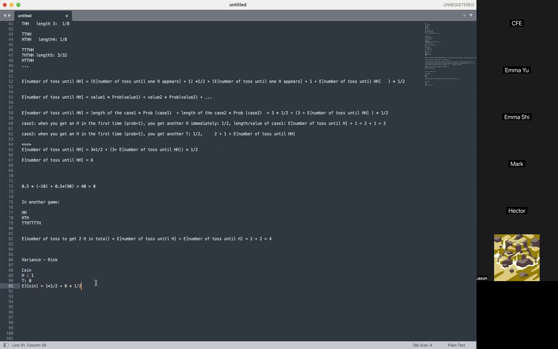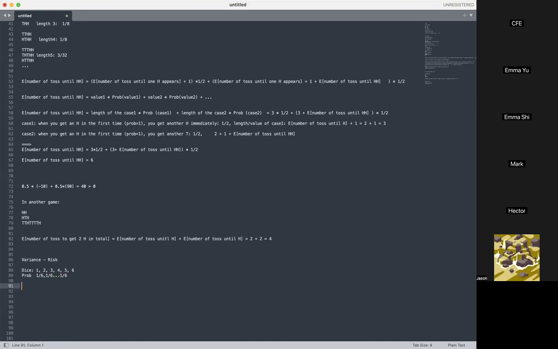And actually, let's not use the coin. Let's use the dice because the values of a dice are clearer, right? It's 1, 2, 3, 4, 5, and 6 here, and the probability of each is just 1/6, 1/6, dot dot dot, and 1/6.